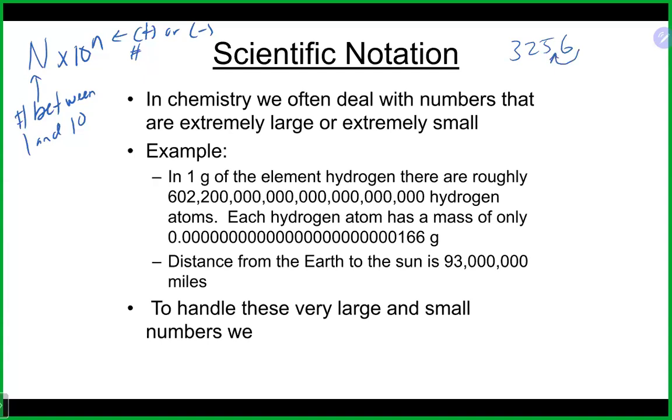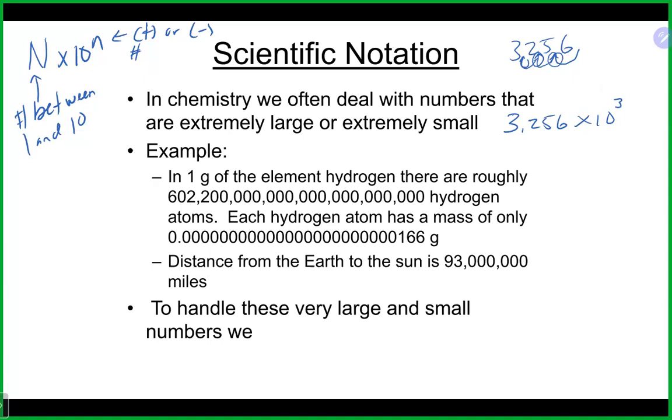That would give us only 325.6, which is not a number between 1 and 10, right? If we go one more place to the left, we're at 32.56, which again is more than 10. We need to go one more place to the left, and now we have 3.256 times 10 to the 3. The 3 is how many places I moved the decimal point to get to a number between 1 and 10.